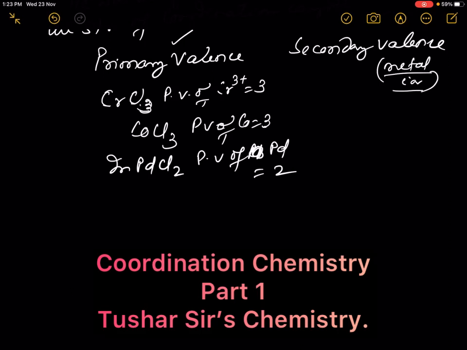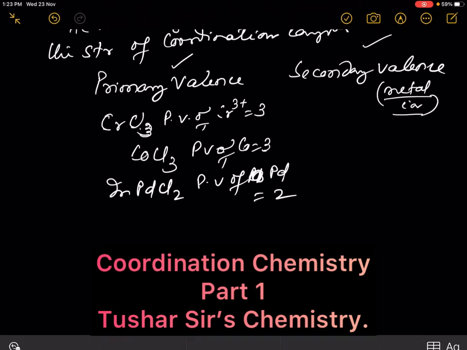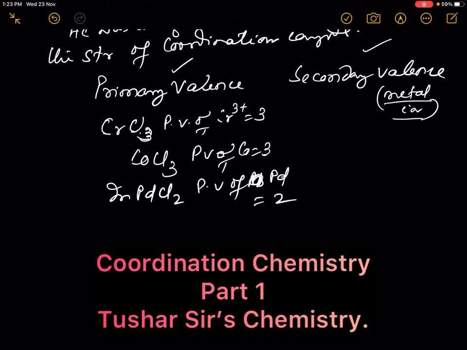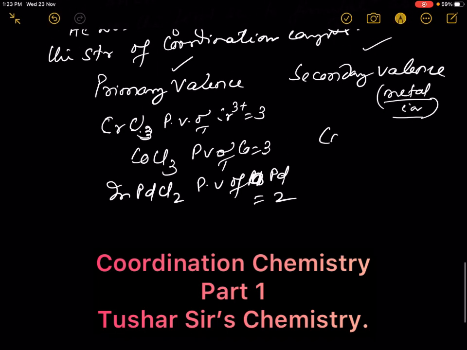And secondary valency, suppose CoCl3·6NH3. Here secondary valency of cobalt is 6. And these are binary compounds.